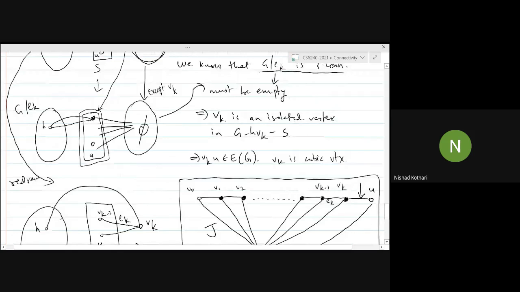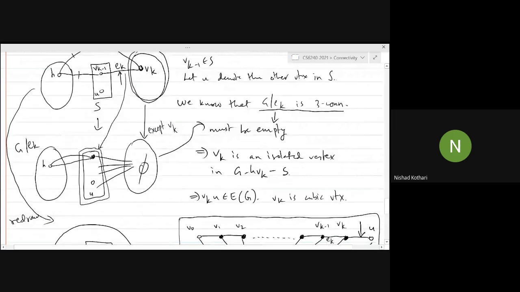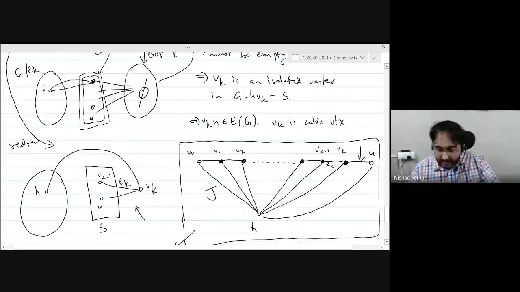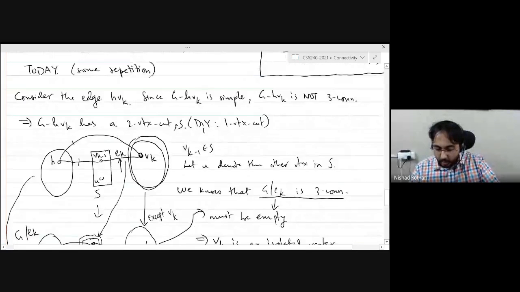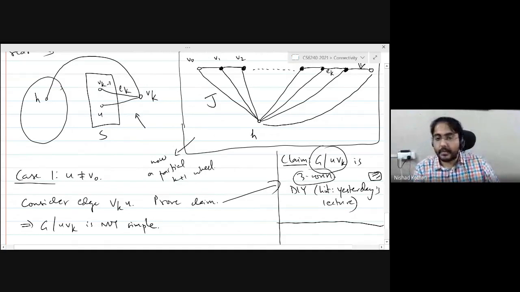We want all the internal vertices of the path to be cubic, and we have already established that the vertex vk is cubic, so that property also holds. And finally, we want the last edge to be contractible, so that is vku, and we have already proved the claim that G contract uvk is 3 connected, right? So we are done. We have a partial k plus 1 wheel, and that is a contradiction.